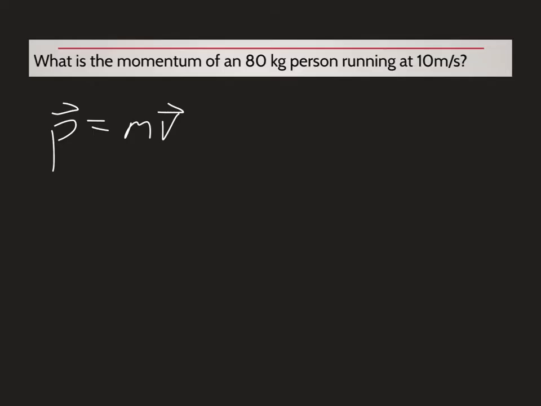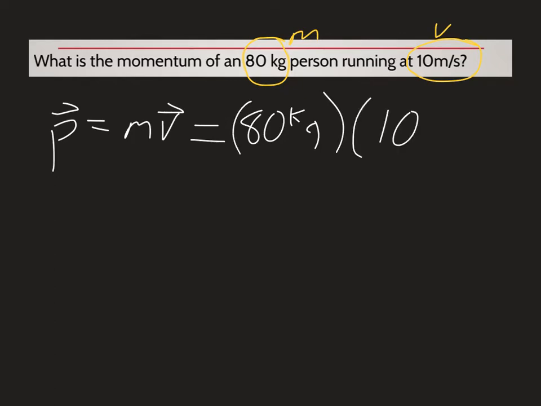So the first thing I want to do in problem 1 is identify my mass and then identify my velocity in my problem. So 80 kilograms for mass, 10 meters per second for velocity. Then I can just plug it in my equation. So 80 kilograms for mass multiplied by 10 meters per second for velocity.